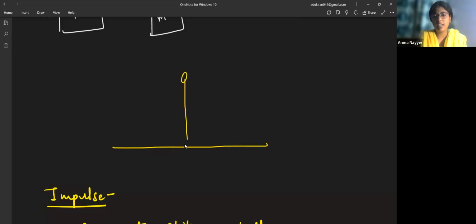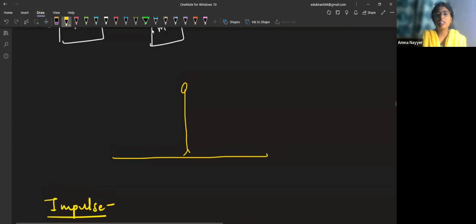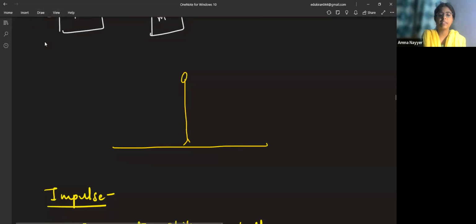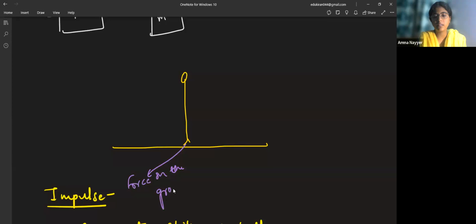See, for example, a very basic example given in the NCERT, a person who is walking on the ground. There are many things which occur when a person walks on the ground. Suppose you have done a heel strike. Then you have applied a force on the ground, right?